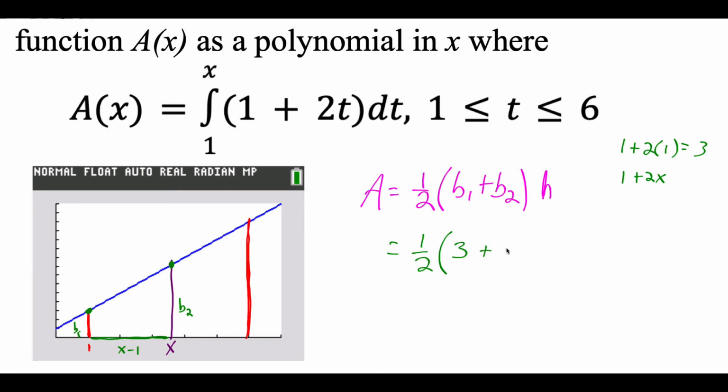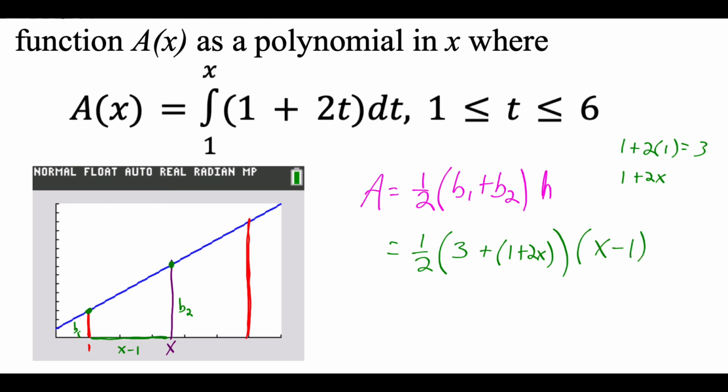So for this base 2, I'm just filling in that 1 plus 2x, since we don't necessarily know where that x value is. Now as far as the height of our trapezoid, we said this was laying on its side. So this x minus 1, this distance between the starting value of 1 and that ending value of x, that is the height of our trapezoid. So I'm going to fill that in on the back end here, x minus 1.